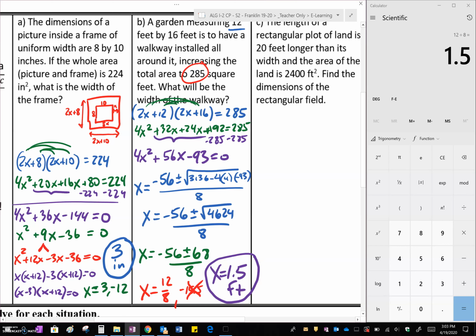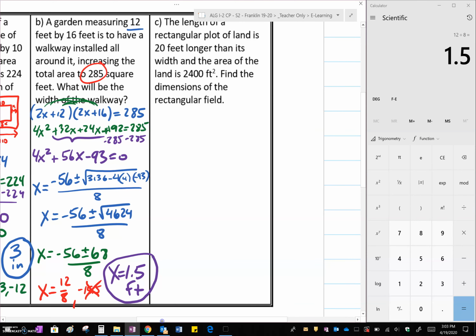Like I said in the last video, when you get two answers in a real world problem, usually you're looking for a positive answer. Technically, there's a negative number that will satisfy the same problem, but that doesn't work in the real world because we're looking for a physical width.